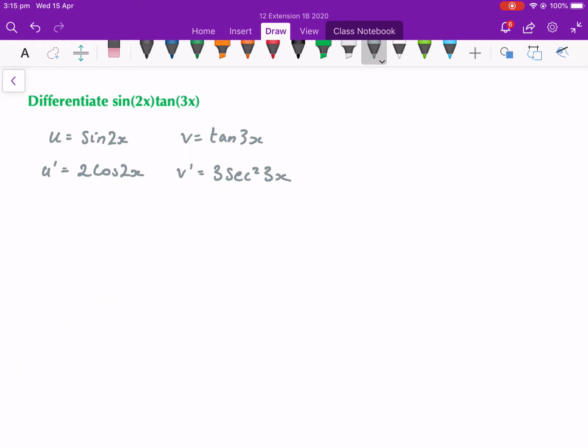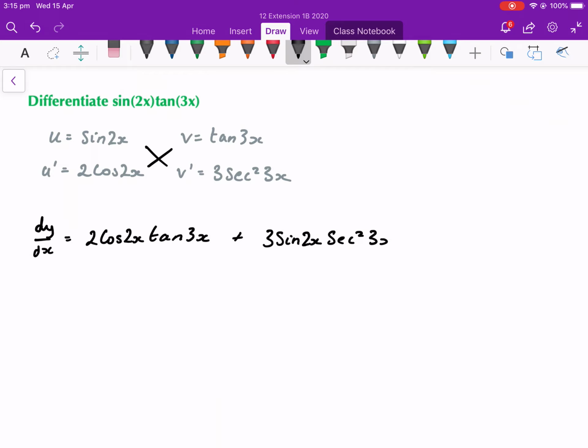Then using the product rule, dy on dx equals u dash v, so that would be 2 cos 2x tan 3x, plus u v dash, which would be 3 sine 2x sec squared 3x. That will be our final answer for this derivative.